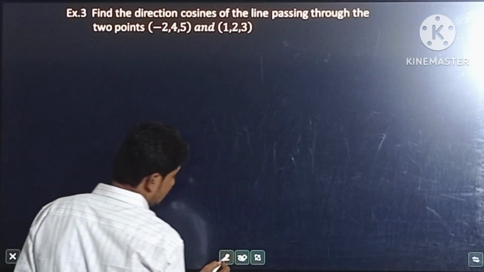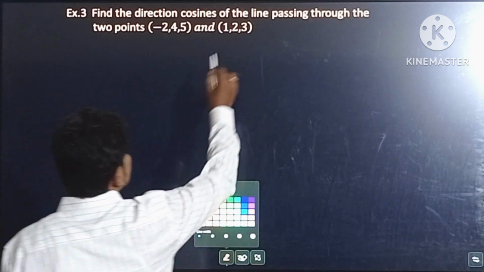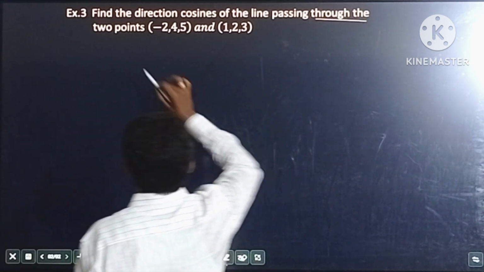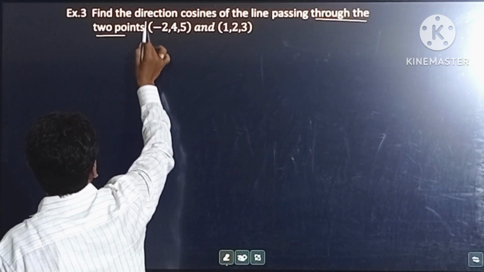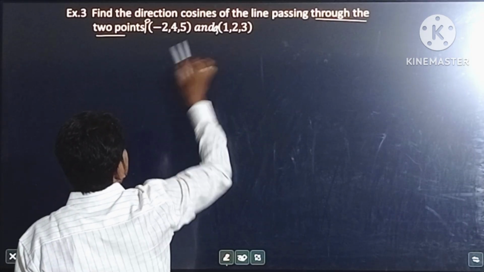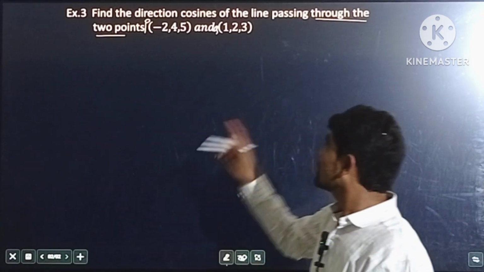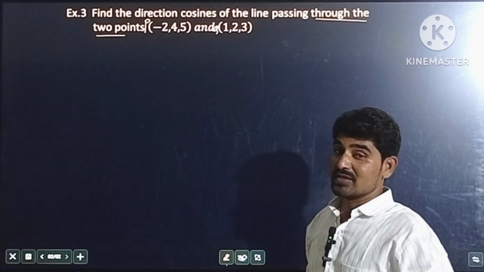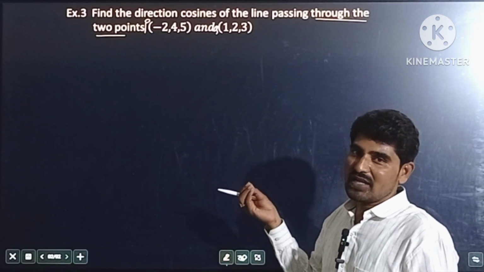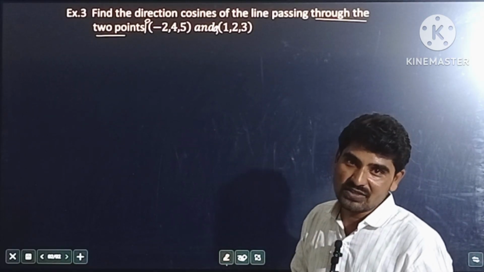The third question is, find the direction cosines of the line passing through the 2 points. Let's say the first point is P and the second point is Q. So we need to identify the direction cosines of the line PQ. To identify them, first we need its direction ratios.